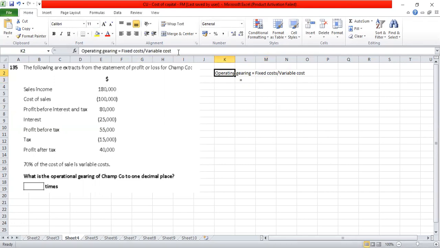Just a minute, wait, a mistake. So we have 70,000 as variable cost. After that, we have the fixed cost. Fixed cost is equal to 30,000. So basically, out of this it is equal to 30%. Simple. There is no issue with that. Another way of testing it is the operating gearing ratio.